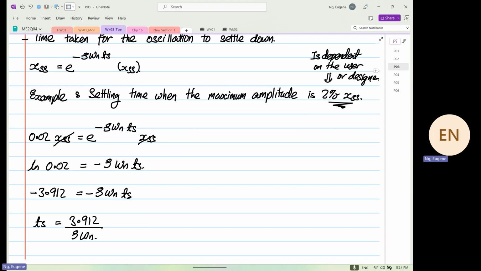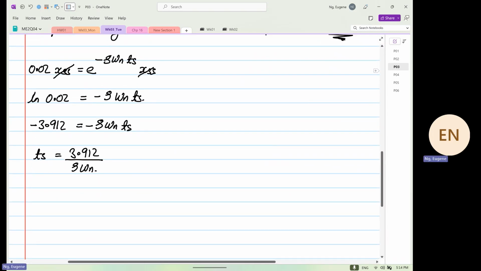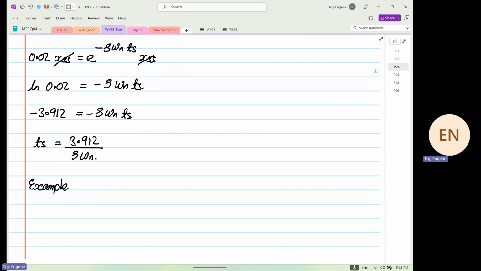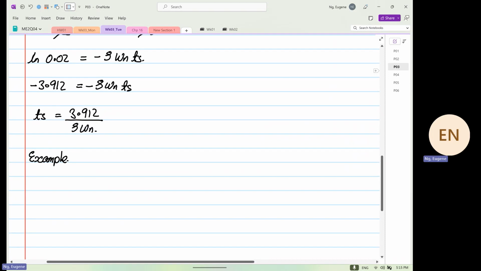So now we are going to look into an example, and this example I've shown before. We have a spring damper system.